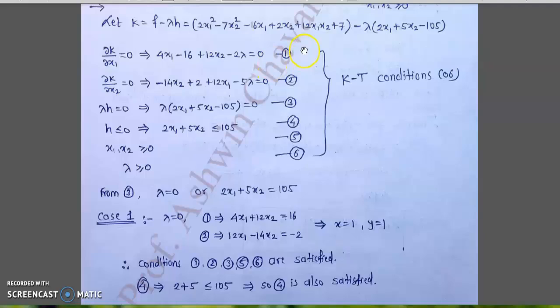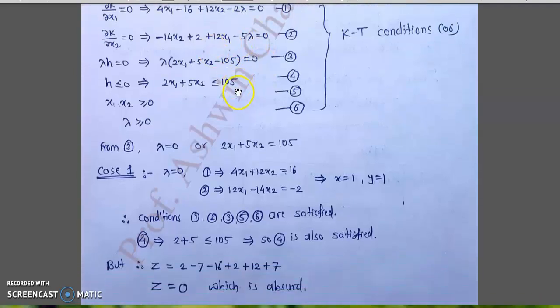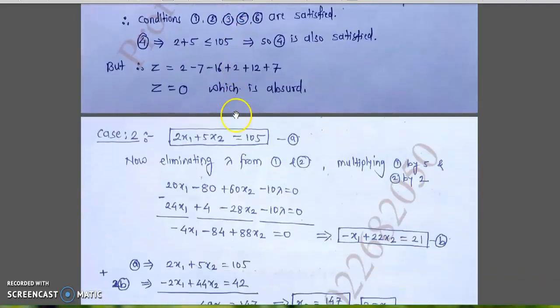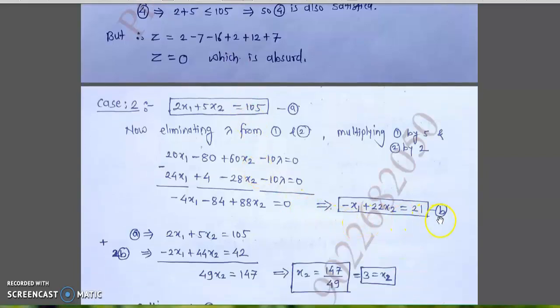So we multiply equation 1 by 5 and equation 2 by 2. So we get minus 10 lambda and minus 10 lambda here. If we subtract them, lambda is removed, and doing so we get the resultant equation minus x1 plus 22x2 equal to 21.